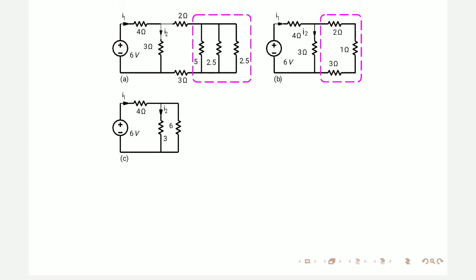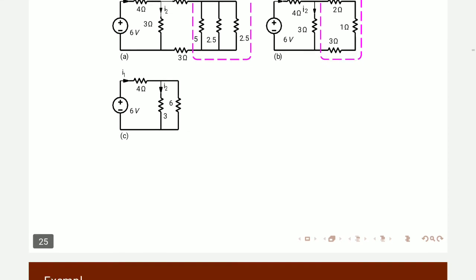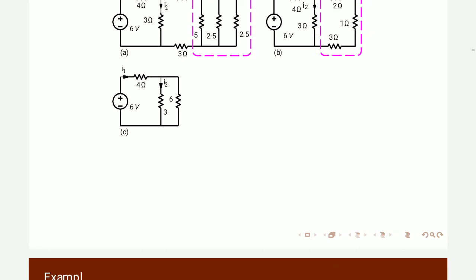How much resistance do 6 and 3 in parallel give? 6 into 3 divided by 6 plus 3, so 2 ohms is the equivalent resistance in this 6 and 3 parallel case.